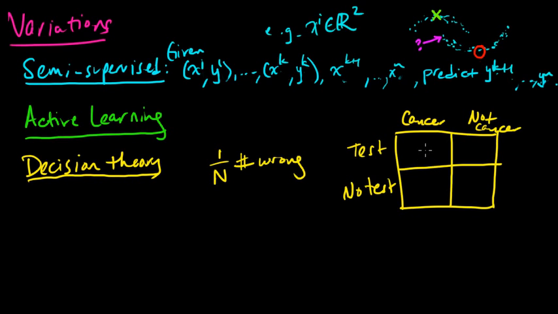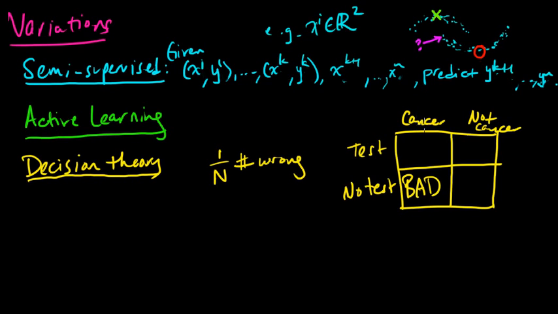This would probably not be a good loss function, as they usually call it, not a good way to measure your performance on your patients. For example, if they have cancer and you do not do the test, that's very bad.